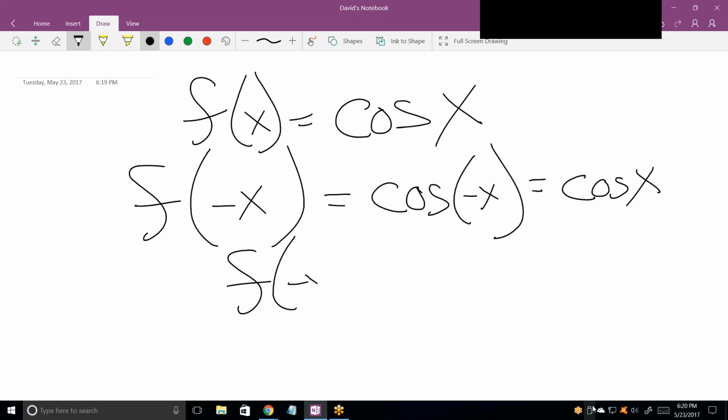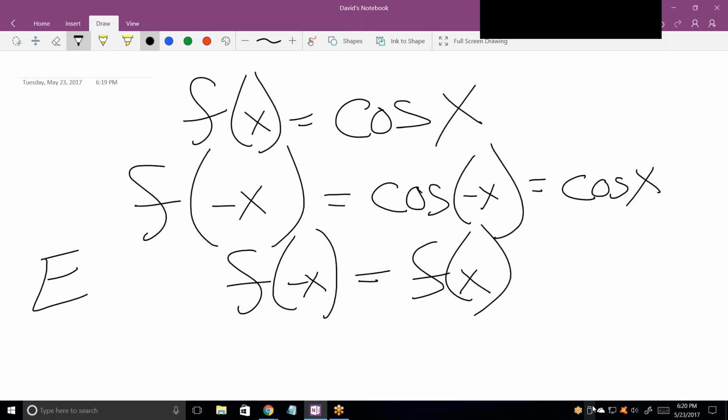Right. f of minus x equals f of x for this function. That makes it even. And if I graph it, you can see, what should it have symmetry over? The y-axis.